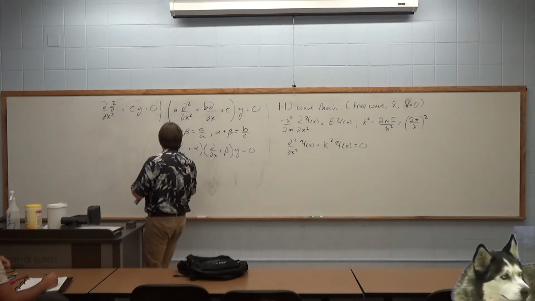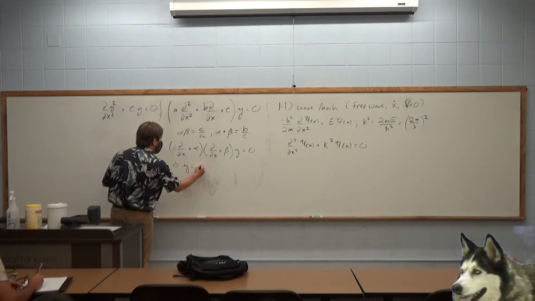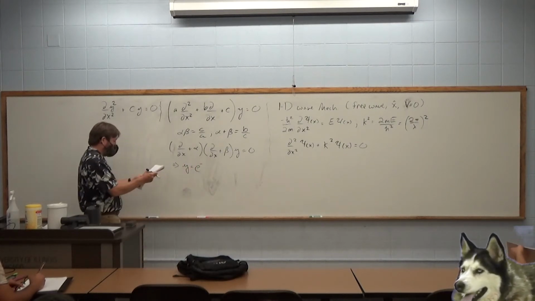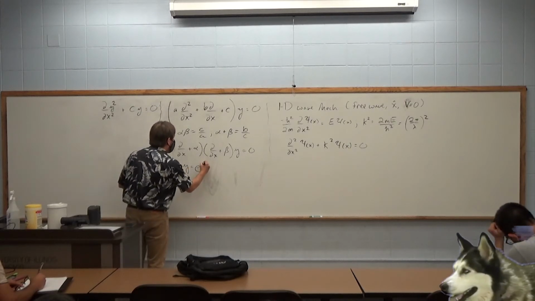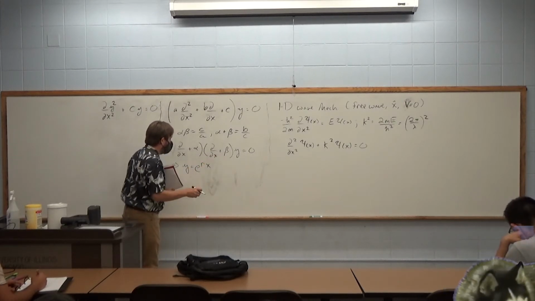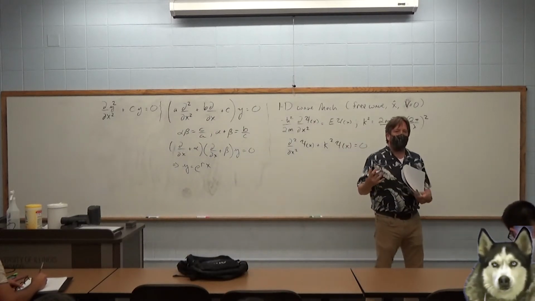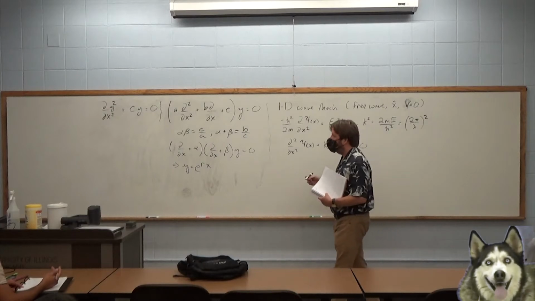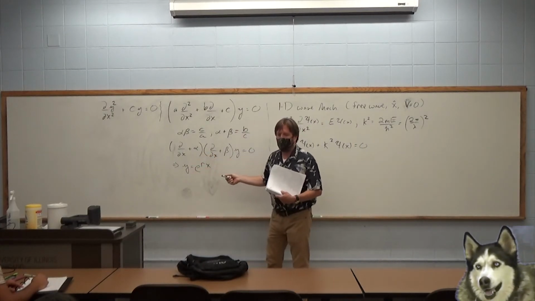So therefore, a solution is going to look like this: e to the R x. R may be negative. We'll figure that out. Like last time, we figured out that exponentials were the solution to this, so I'm just using that.